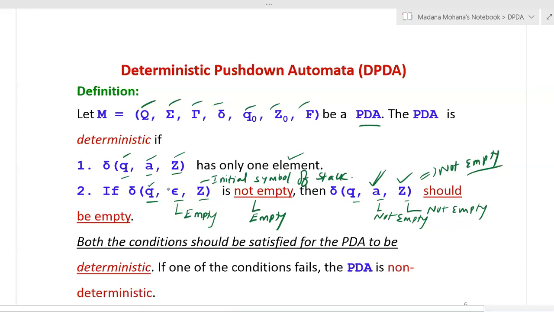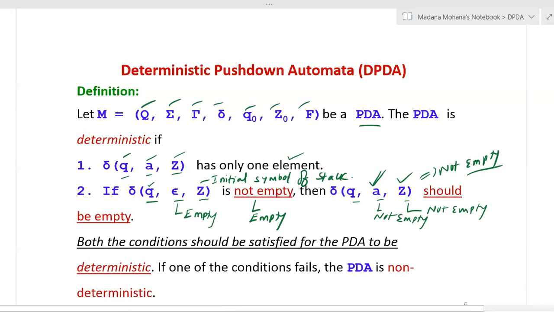That means even after seeing empty input, you are saying this is not empty. Then with the input also this is not empty, but you are saying it is empty. That means if this is possible, then automatically this will also be possible. But in reality, this is always empty, then this is not empty.